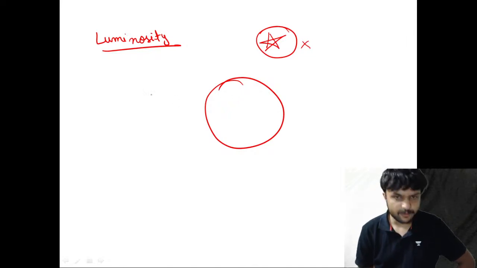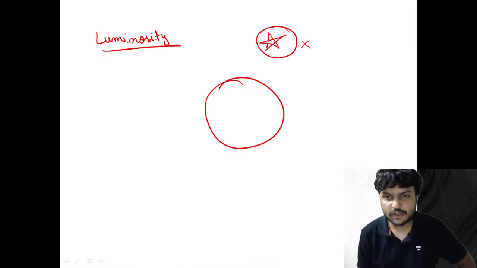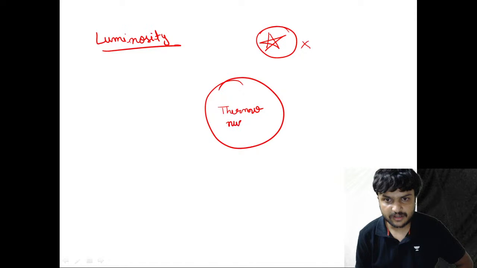Okay, so when we talk about the luminosity of the star, the main parameter here is how much energy or flux is coming out of this particular star. So imagine this is a star. What happens inside? Thermonuclear fusion reaction, right? These are basic stuff. Nuclear fusion reaction takes place.